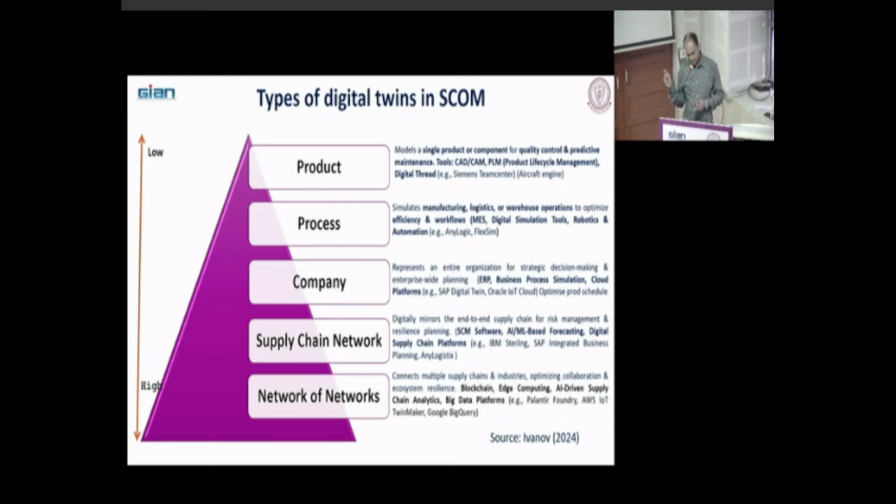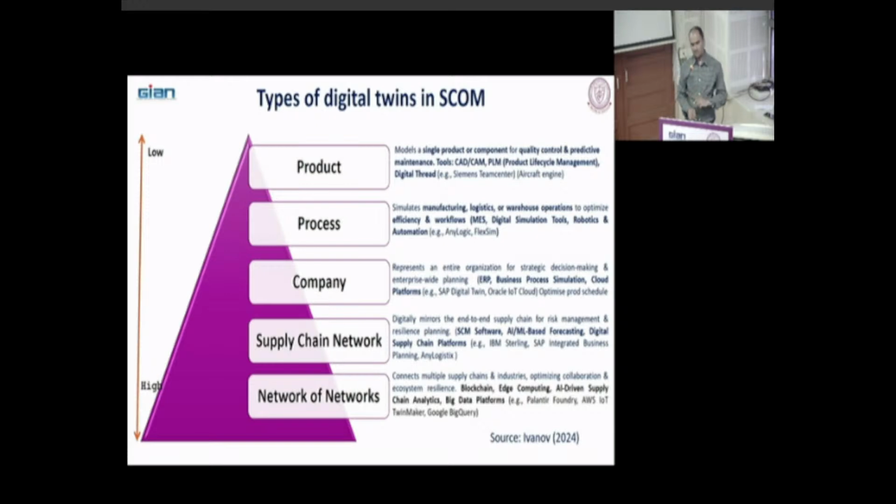The examples are a manufacturing execution system, where you can simulate or model the whole manufacturing plant. So this is process based. You have procurement, manufacturing, distribution, logistics. You can create the digital twin of that one specific process. Got it? So what are the tools available?